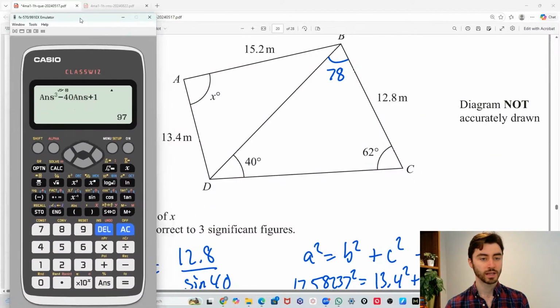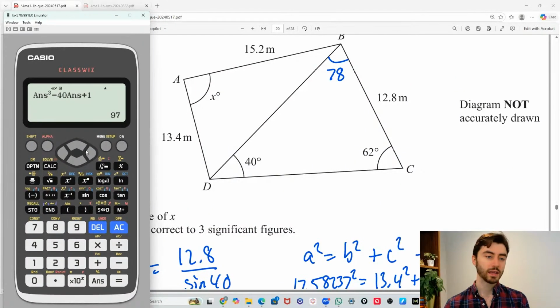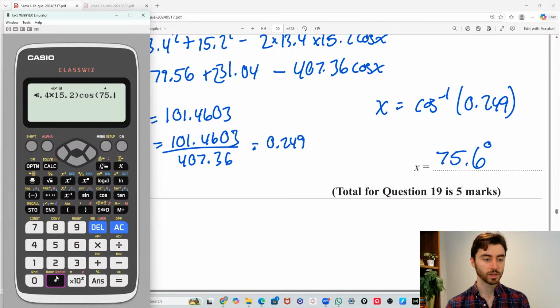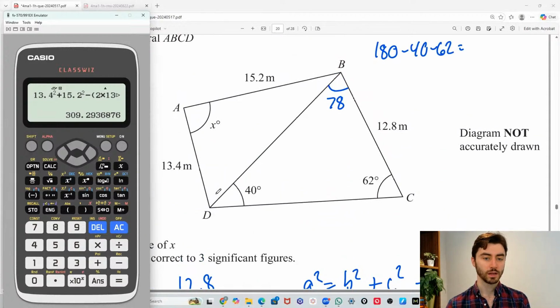So if I plug that into here, I would get a squared is equal to b squared plus c squared minus 2bc cos 75.6. So that gives me a squared. Square root should give me that length.